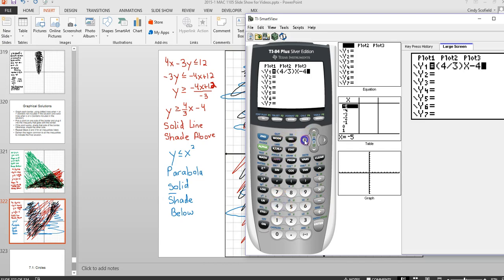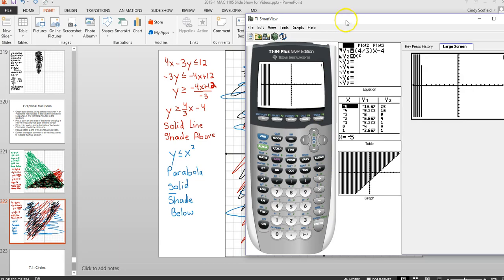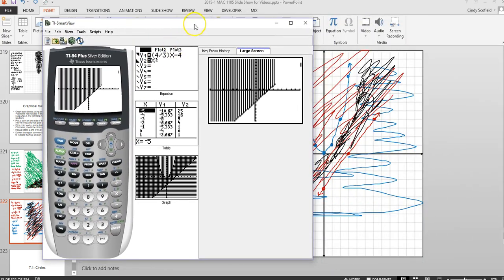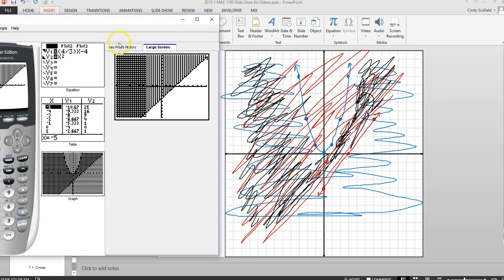And that one was shading above. Okay. And the next one was x squared. And that one was shading below. Hit graph. And when I do, we'll see it. There it is.